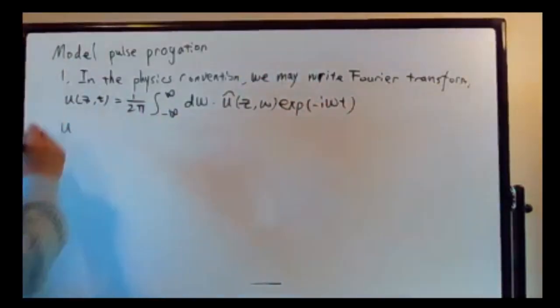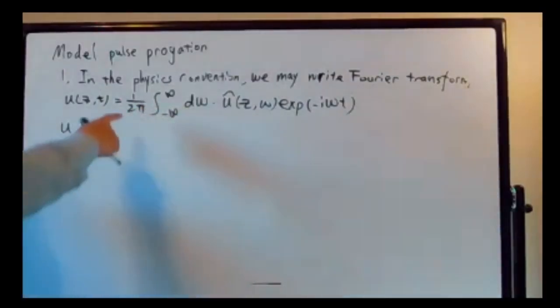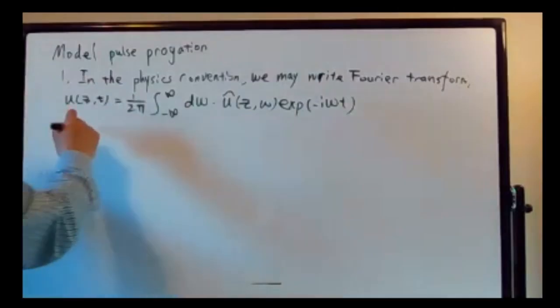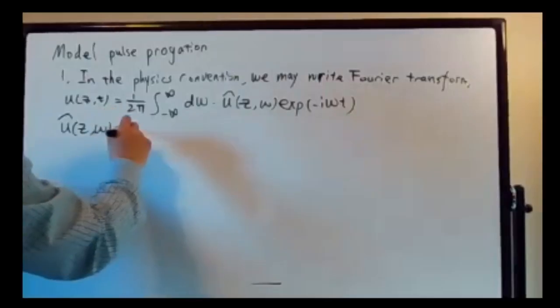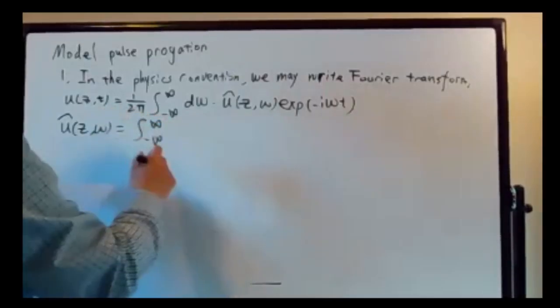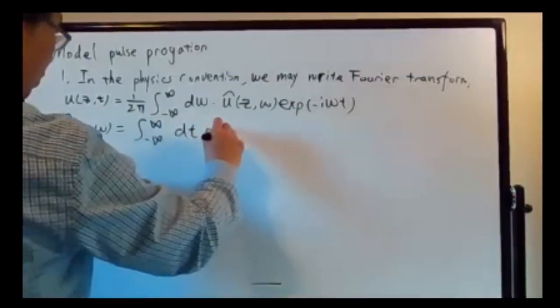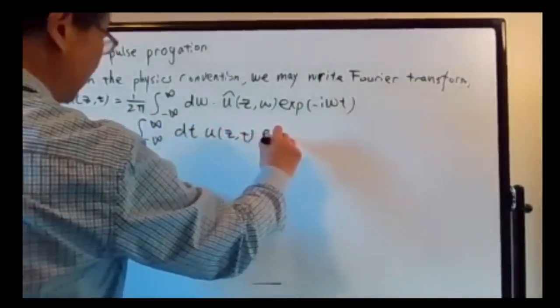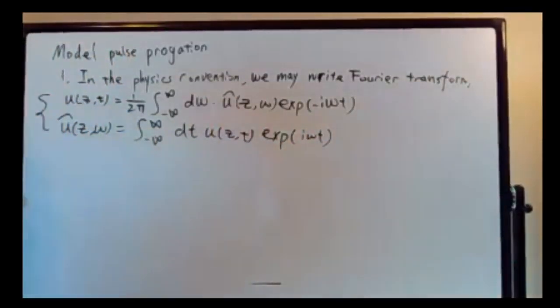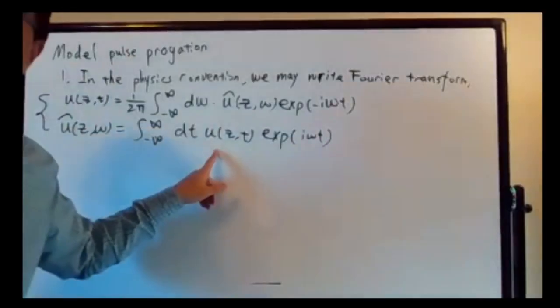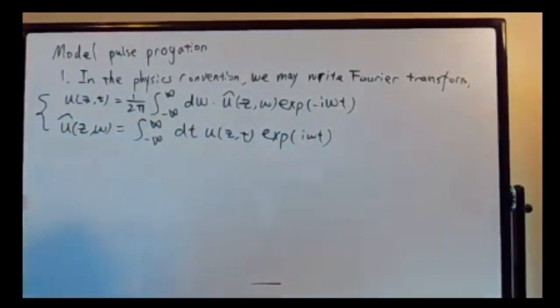And û is the inverse Fourier transform: û(z,ω) is the integral from negative infinity to infinity of dt u(z,t) exponential iωt. So this is the Fourier transform pair. u is the function in the time domain, and û is the function in the frequency domain.